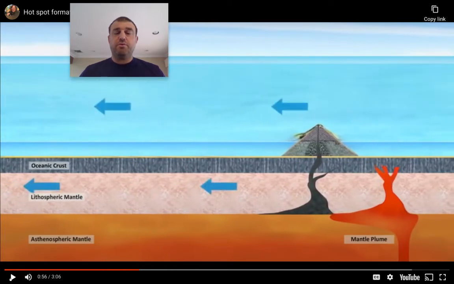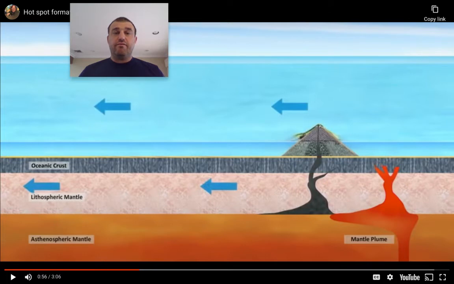Okay, so let's pause it there. So the hotspot only forms an island directly above the hotspot. But then once the island is formed, it gets glued to the moving plate, or glued to the overriding plate. And whichever way the plate moves, the island moves with it.